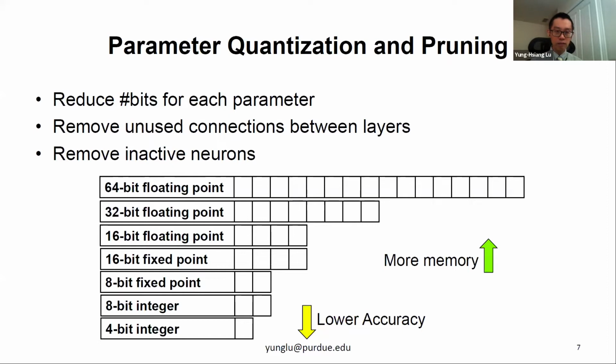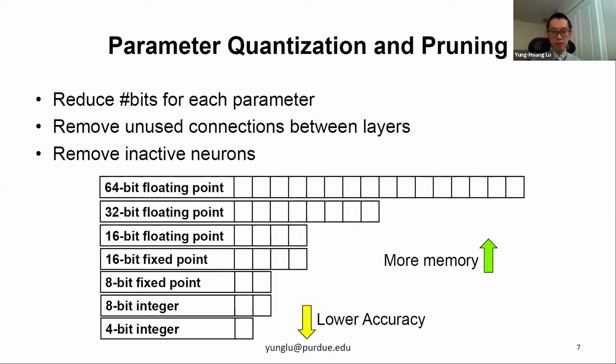Quantization is one of the most widely used methods for reducing energy consumption in computer vision. In general, when people train neural networks, they usually start with 64-bit double precision floating point numbers. But in many cases, we don't really need so many bits to encode the numbers for weights and biases and so on.